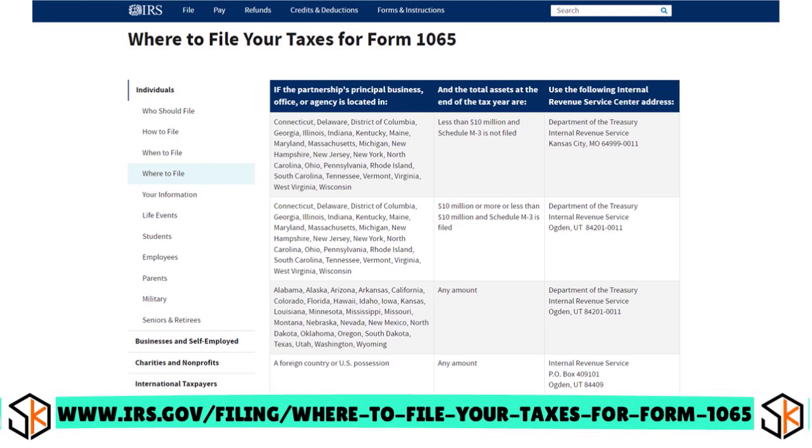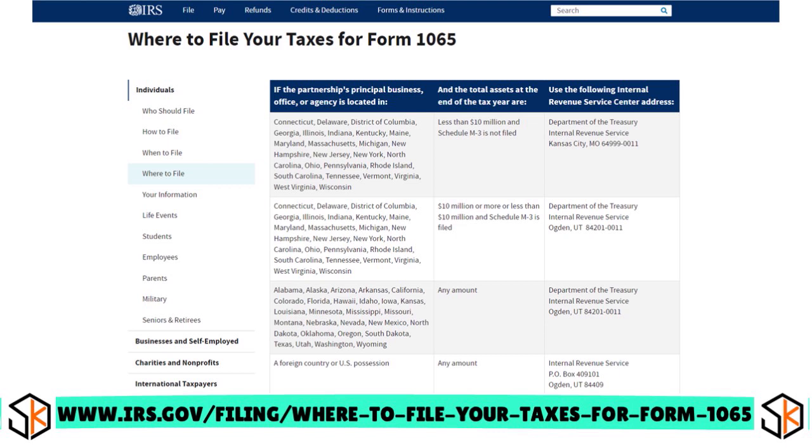For instance, if the total assets at the end of the tax year are less than 10 million and Schedule M3 is not filed, you have to go to the Missouri one. If the total assets are 10 million or more and Schedule M3 is filed, you have another location.